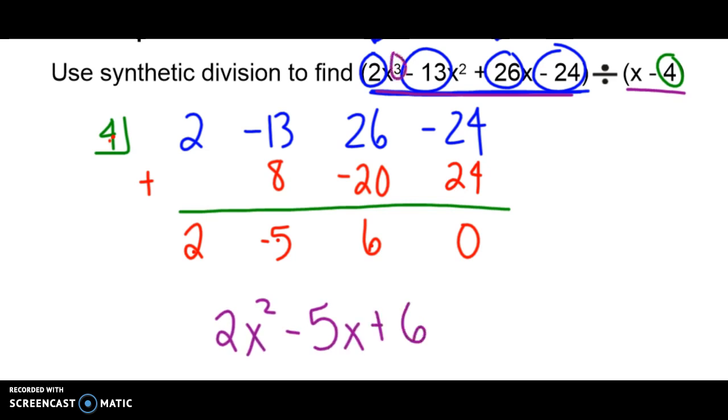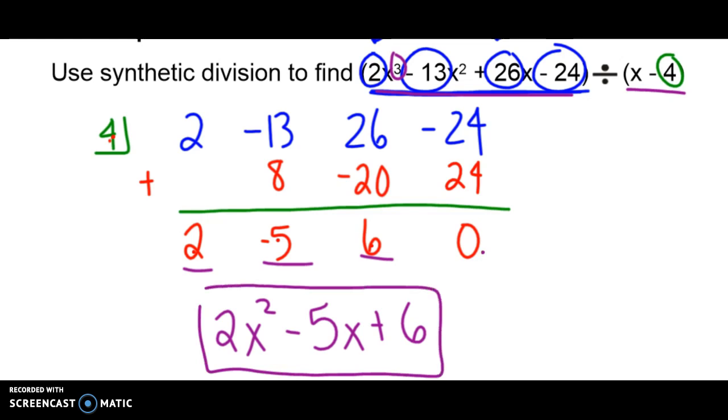Notice this value right here went down by 1 unit, and then these answers right here are just the coefficients of my last thing. And finally, I have a remainder of 0. 2x squared minus 5x plus 6. Now I do this because I want to show you that it's the exact same as long division.